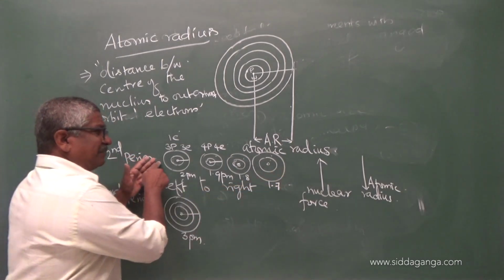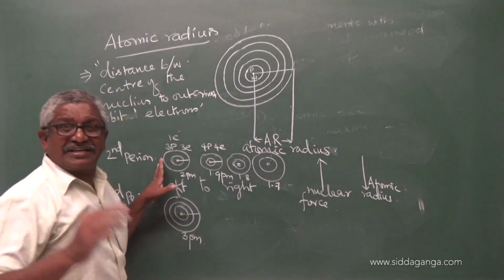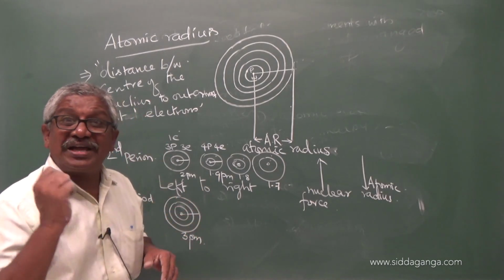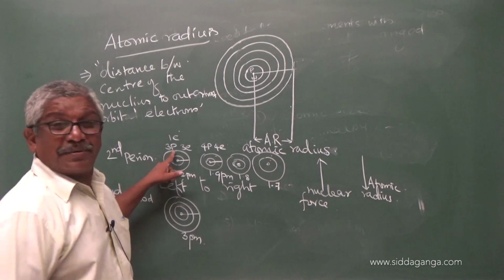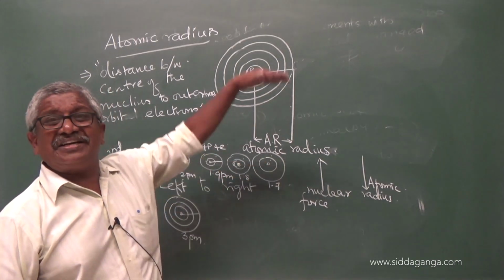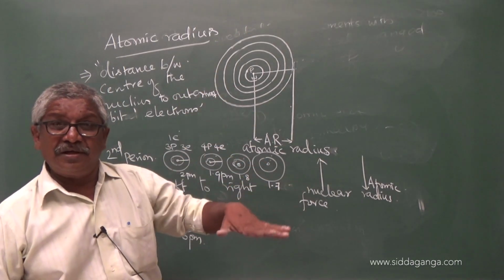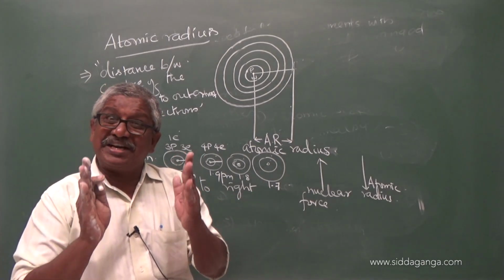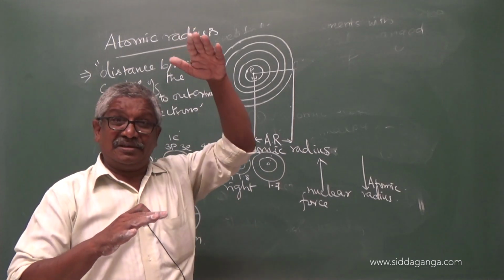Suppose we move left to right in the periodic table, what happens to the atomic radius? It decreases. Why? The number of protons and electrons goes on increasing in the period, so the nuclear force of attraction between positive and negative charge increases.